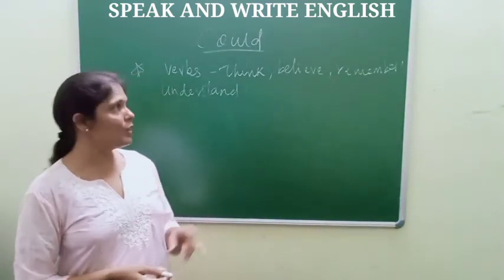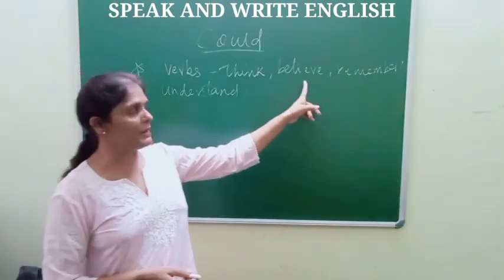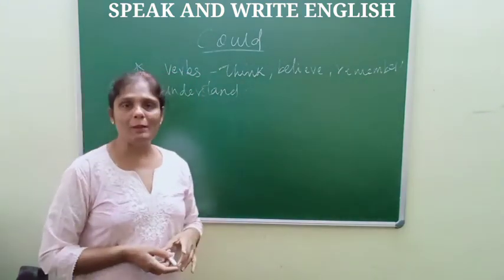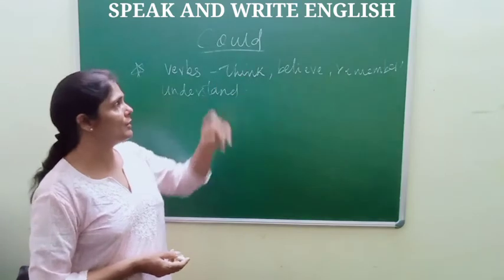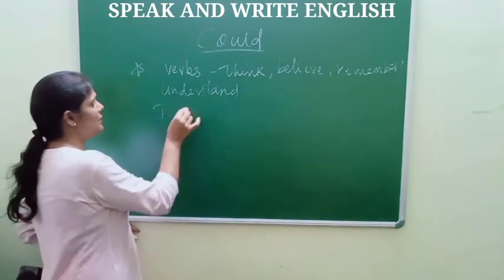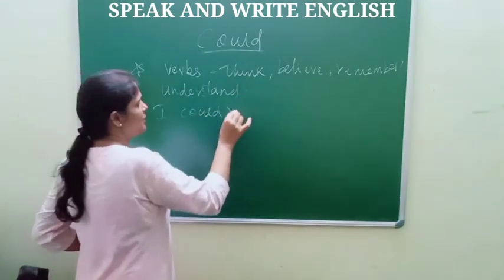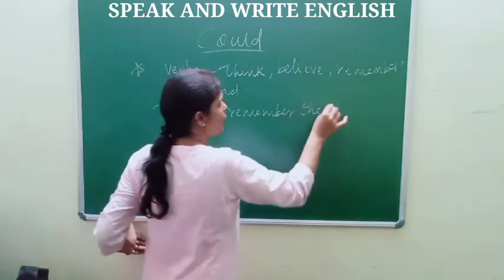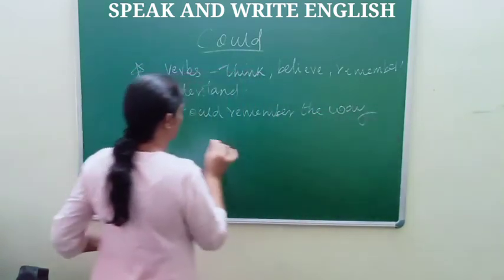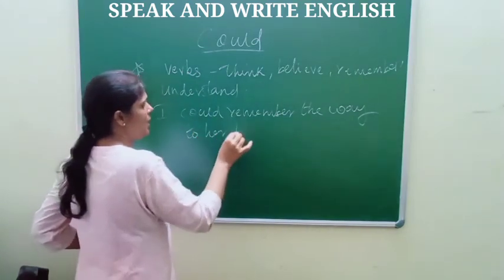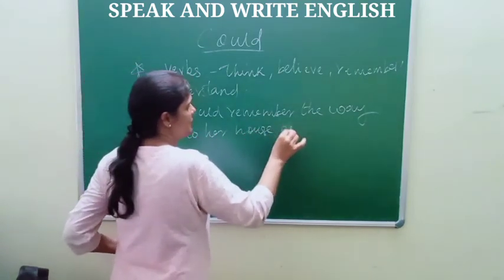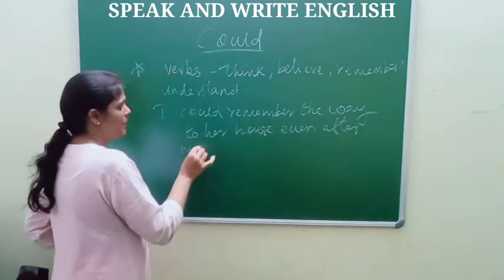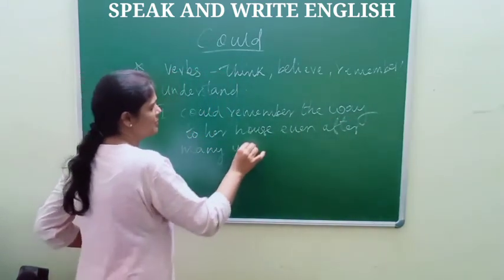With some verbs like think, believe, remember and understand, we can make use of the modal could. For example, I could remember the way to her house even after many years.